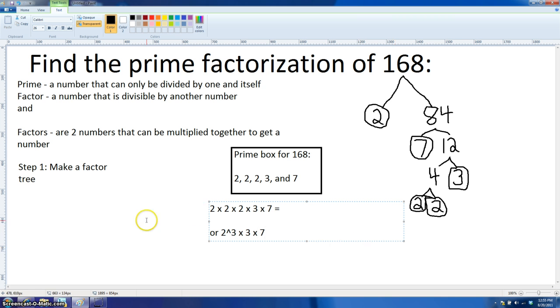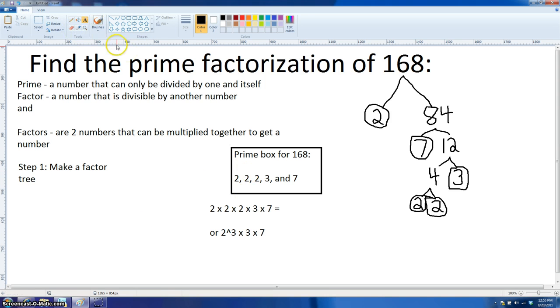Alright, and just to make sure, let's check this out. 2 times 2 equals 4. Cross off this 2, cross off this 2. So I have one more 2 left. 4 times 2 equals 8. And then I cross off this last 2. I still have a 3 and a 7.